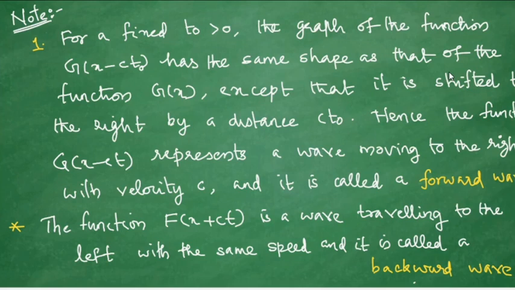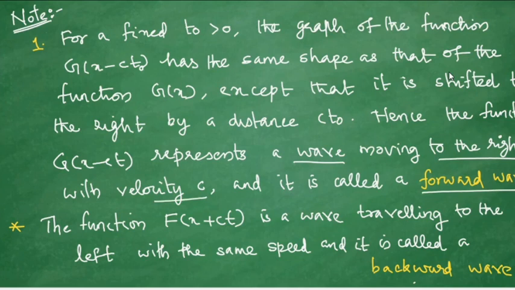So the function g(x - ct) represents a wave moving to the right with velocity c, and we call it a forward wave.